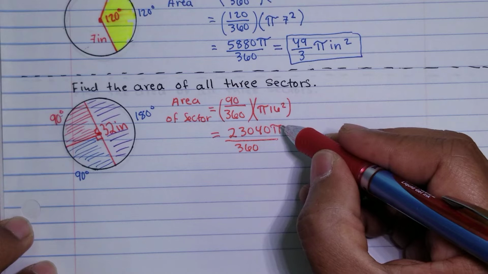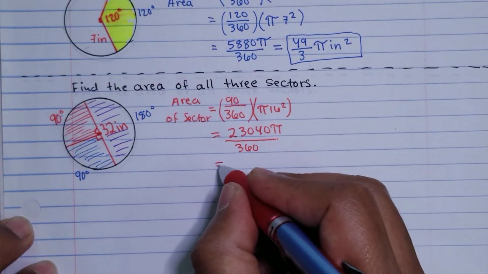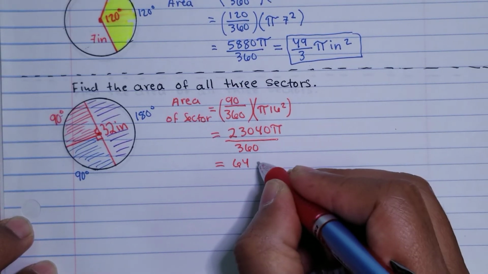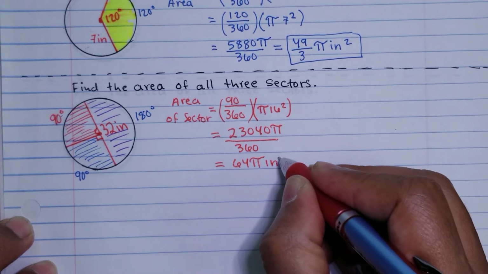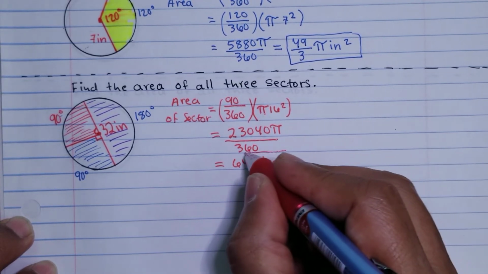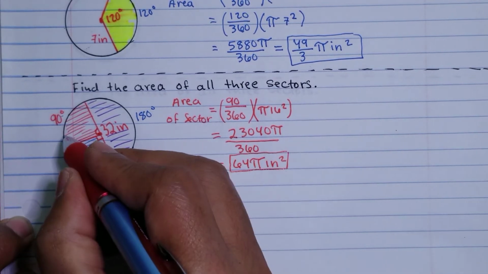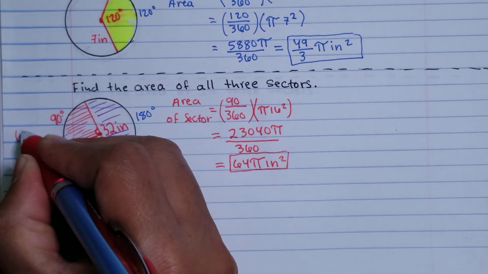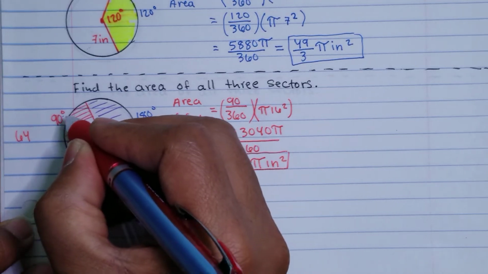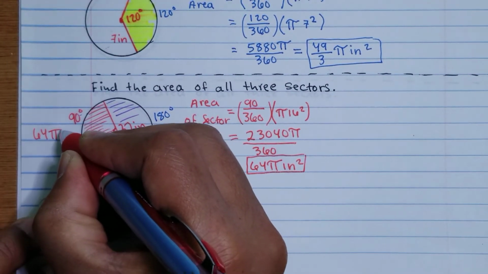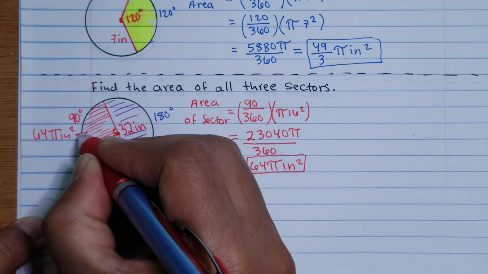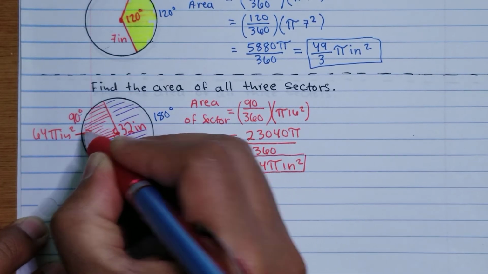This simplifies to 64 pi, and again inches squared. So that's the area of this sector here: 64 pi inches squared.